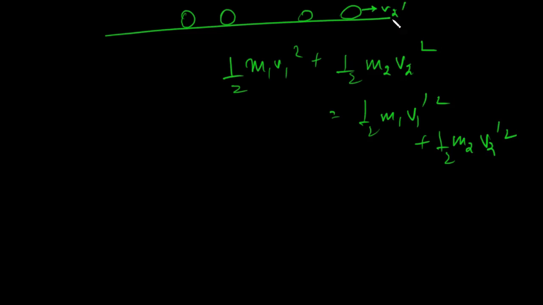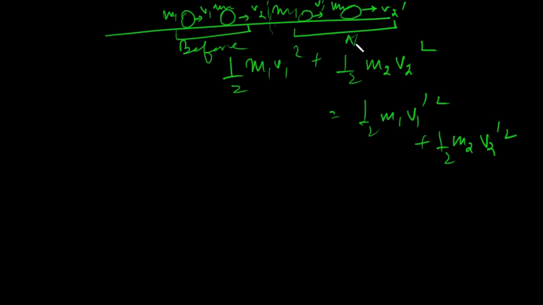Here this is m1, v1, m2, v2 before collision, and v1 dash, v2 dash after collision. And we also had another equation, m1 v1 plus m2 v2 equal to m1 v1 dash plus m2 v2 dash.